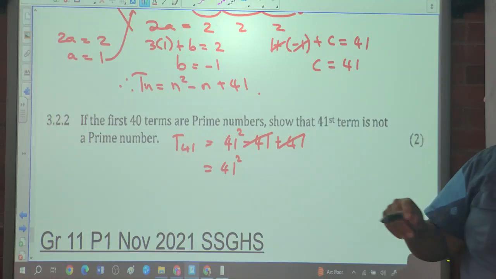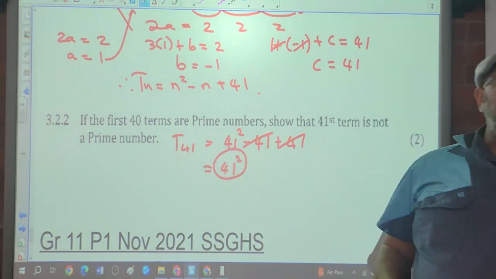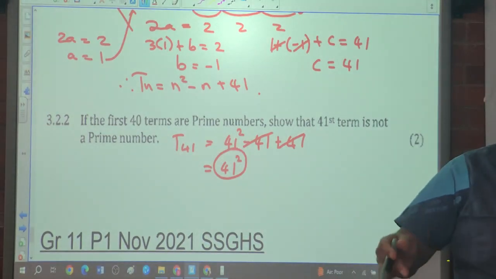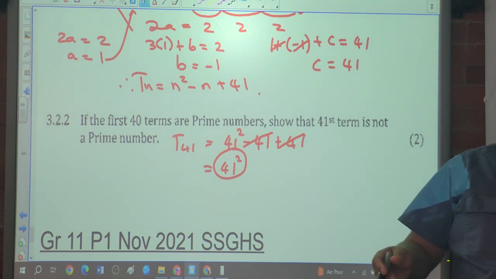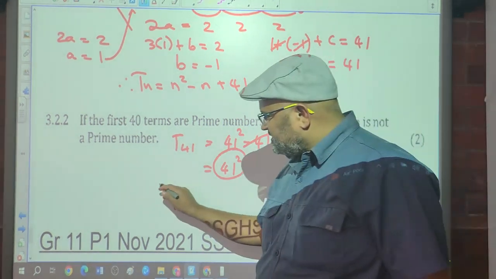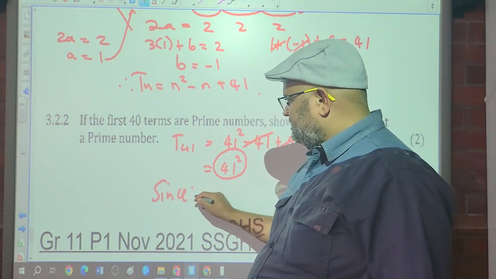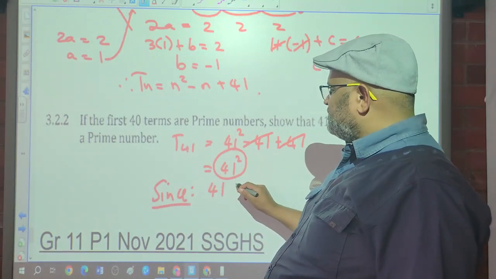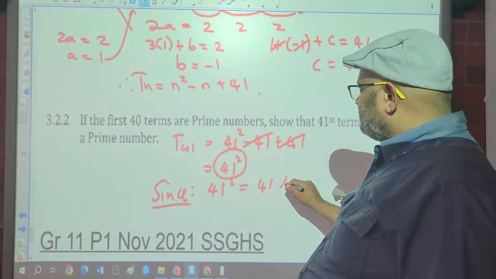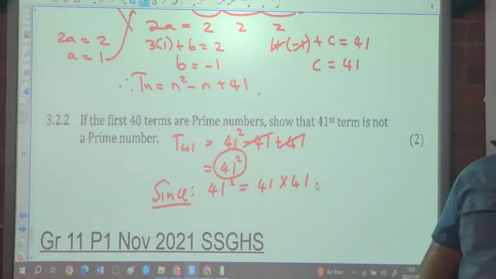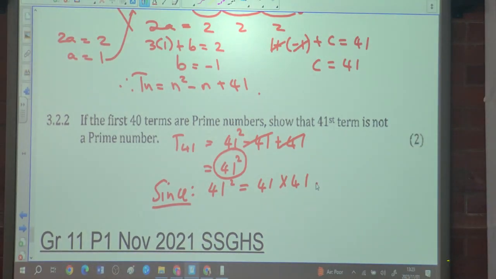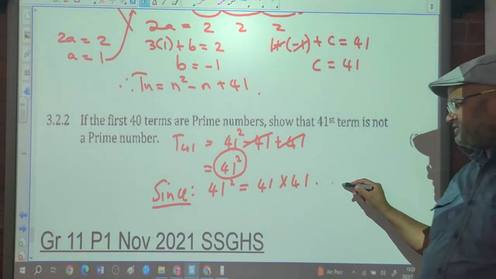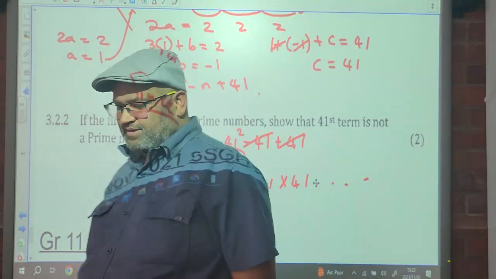But for 41 squared, it's going to be 41 times 41 as well. Can you see that, people? So we say since 41 squared can be written as 41 times 41, therefore it's not a prime number, because it has more than 2 factors. You can write it out in words.